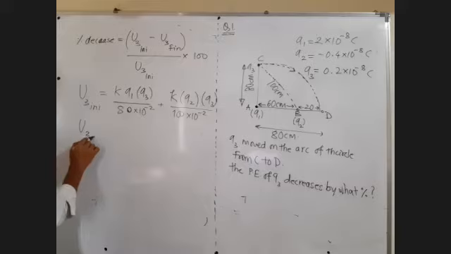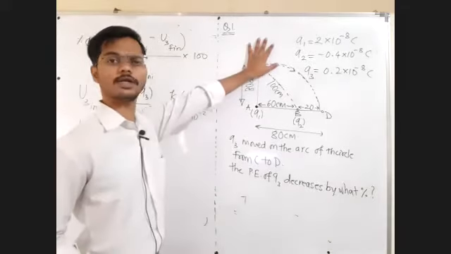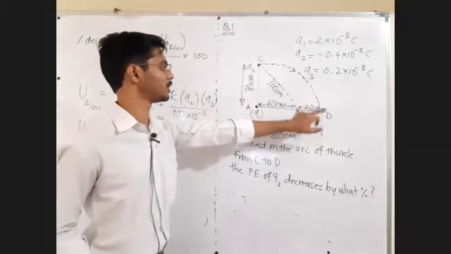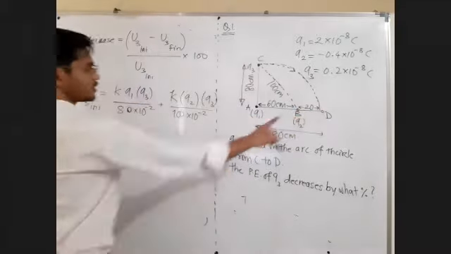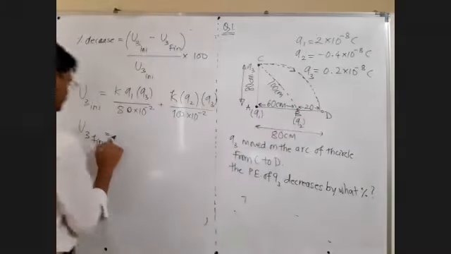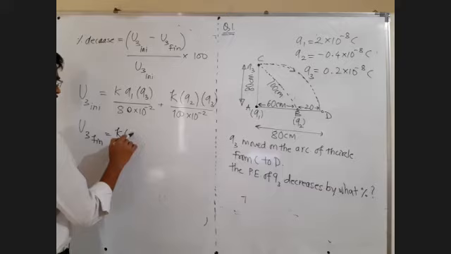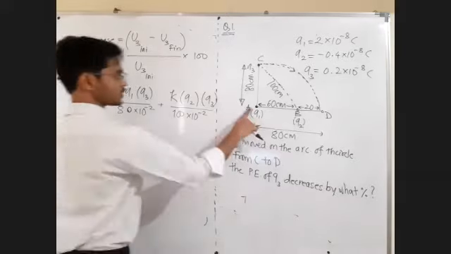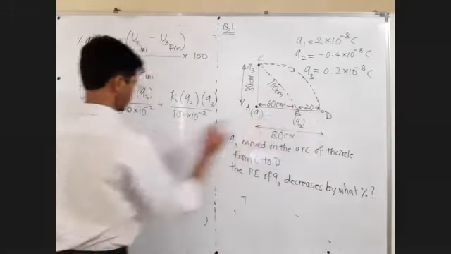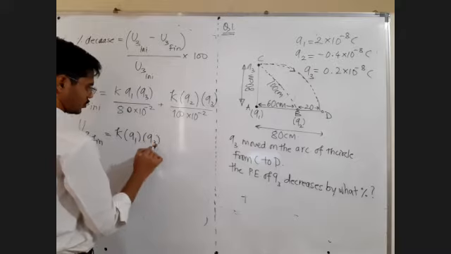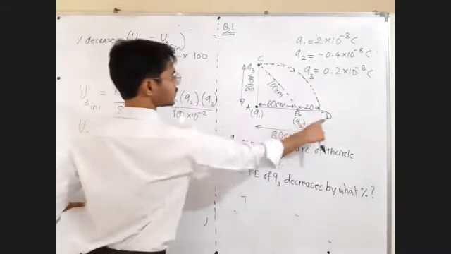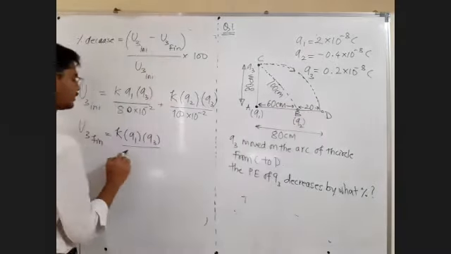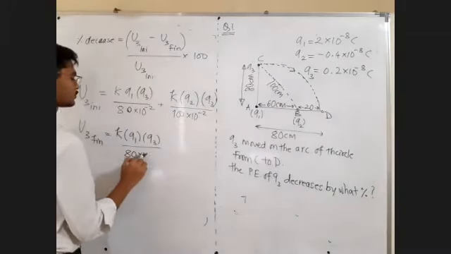Energy of the third charge in the final situation. Finally, this third charge is not at point C. It is at point D. So do it, point D, point A interaction. Third charge is here, first charge is here. K Q1 Q3 upon R13, 60 plus 20, 80 centimeter.